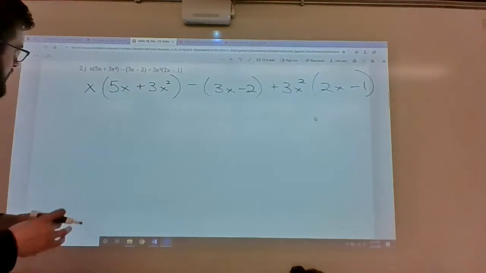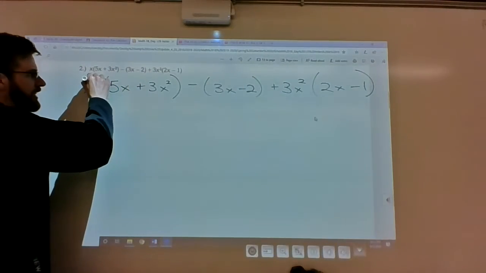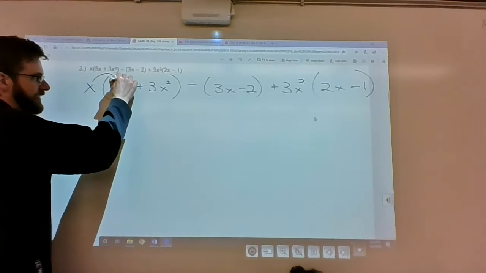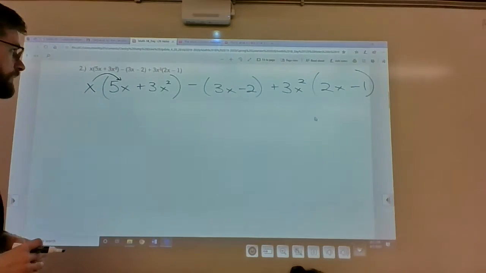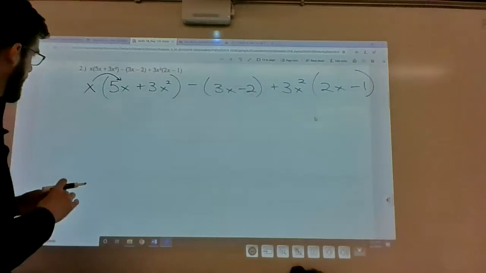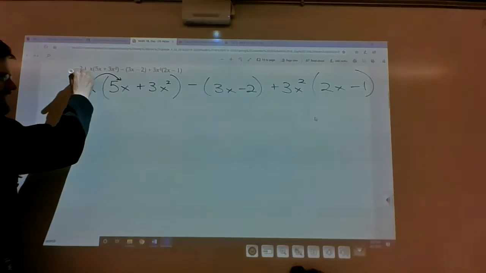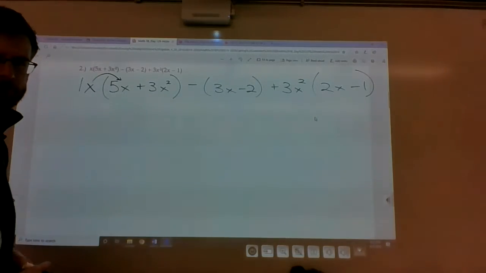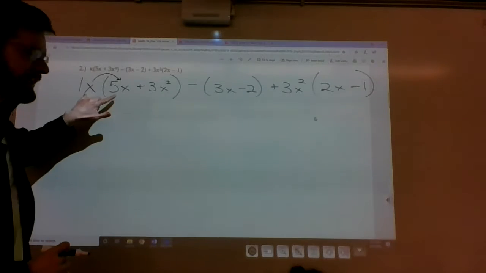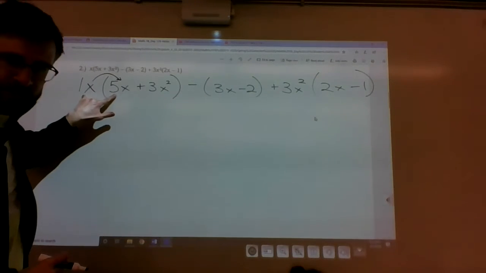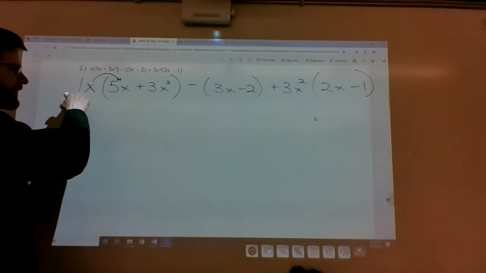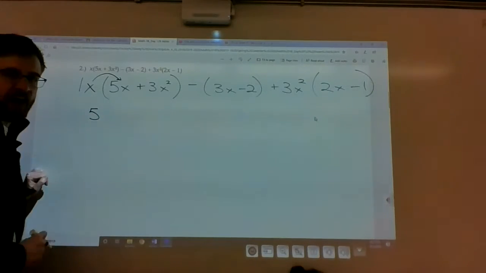So all we're really doing here is asking, do we know how to take x times 5x squared? We should know that the x is the same as a 1x. When you multiply expressions like this, the coefficients get multiplied, so 1 times 5 is 5.